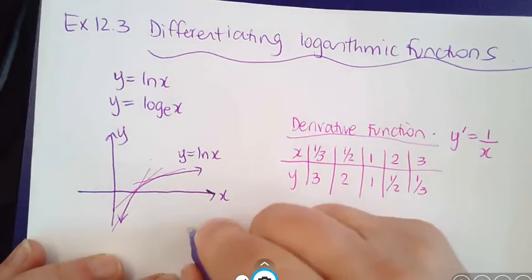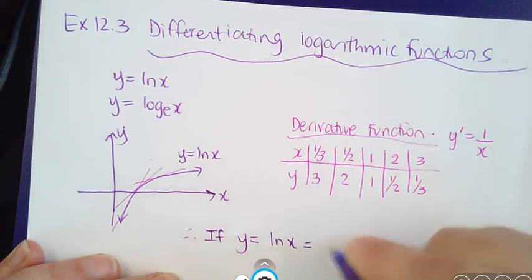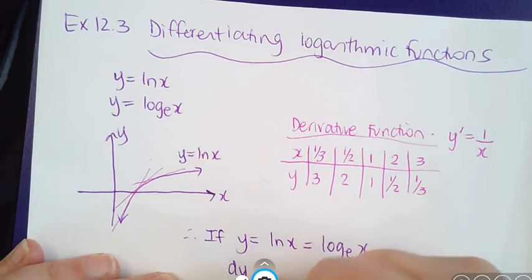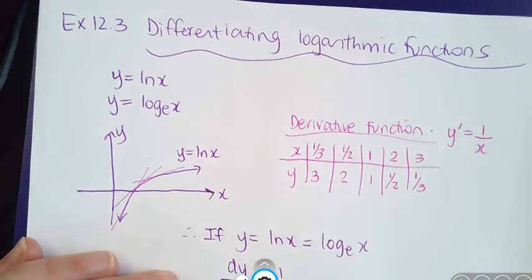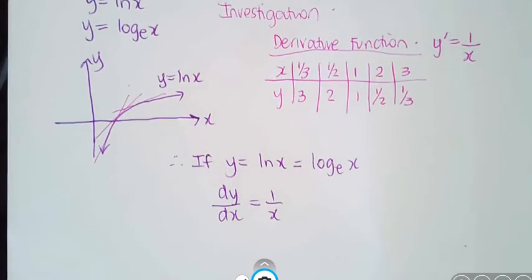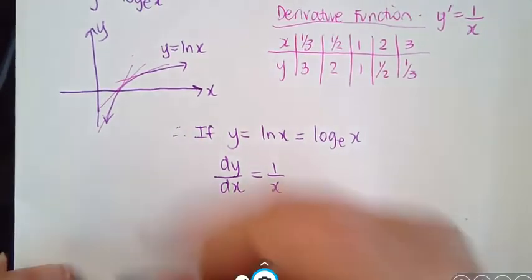So if y equals ln x, or log to the base e of x, then dy/dx is 1 on x. So the derivative of ln x is 1 on x. Now we're going to prove that algebraically. So, is that okay? Let's look at the proof.